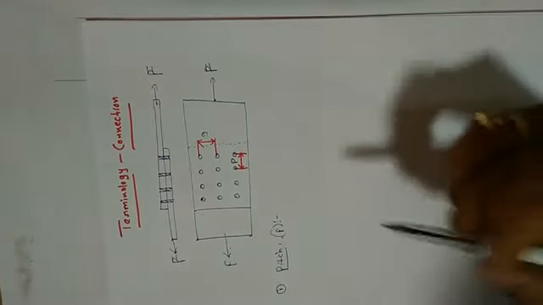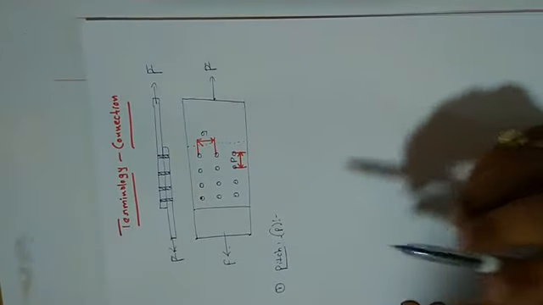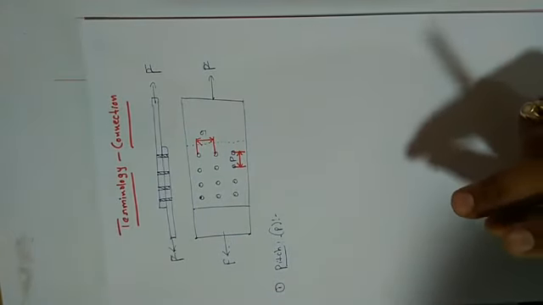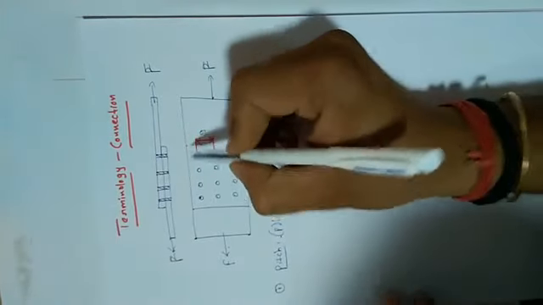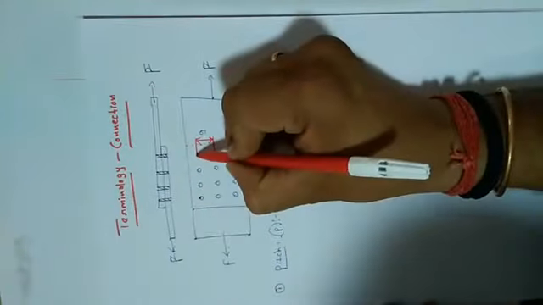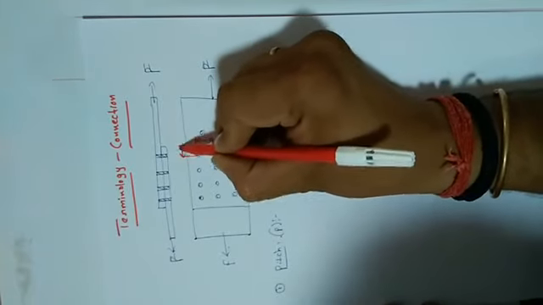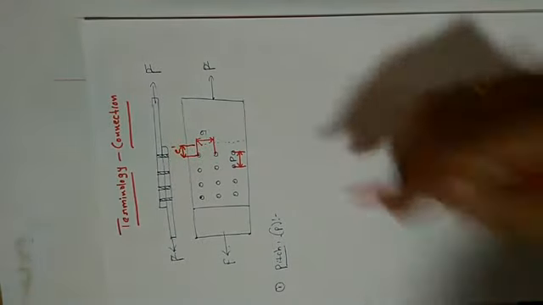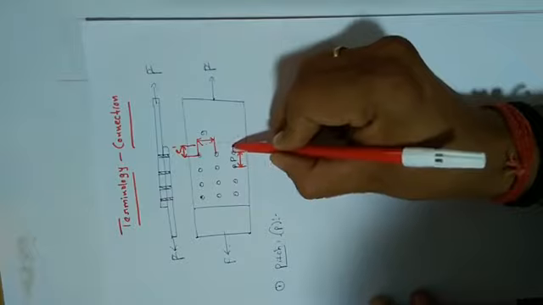And next, coming to edge distance. What do you mean by edge distance? Here you have two things. One is the distance of the last bolt to the end of the plate. So this is the end of the plate, right? This is indicated with the symbol E dash. And there is another distance, which is in this direction.